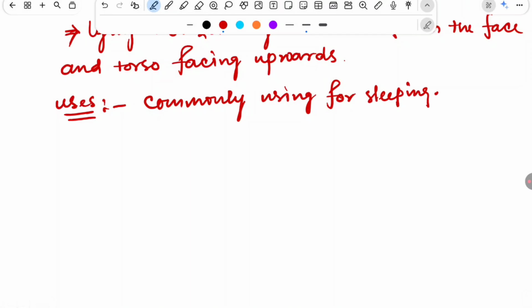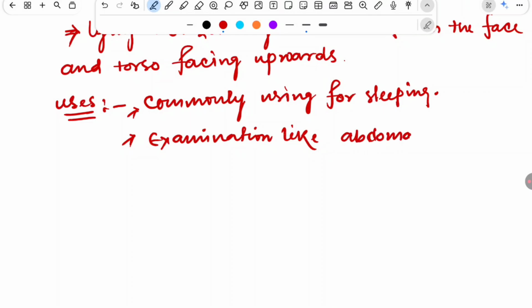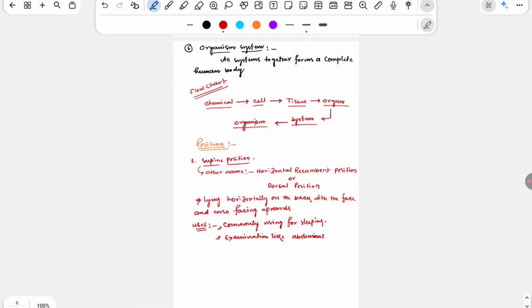So that position only, supine position. Or we can write examination, like abdominal examination.